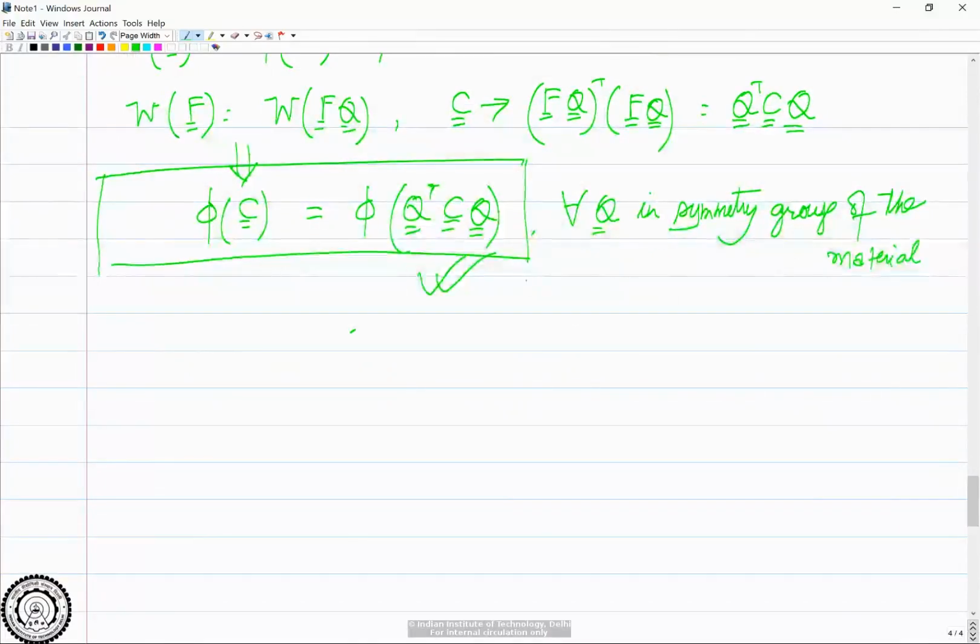You remember in the beginning I told you that there is no physical law which can tell you the exact form of energy. And that is very true. But at least using objectivity and symmetry, you have been able to provide some restriction on what energy has to look like. So any energy form, whatever it is, must obey this relationship if Q is in the symmetry group of the material.